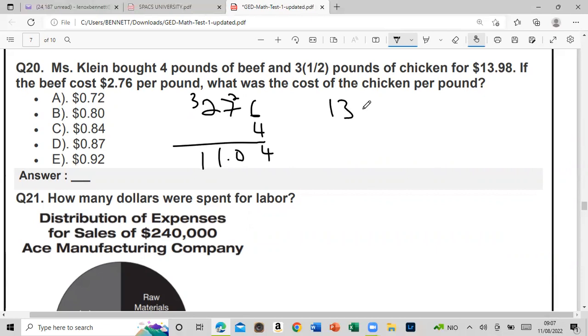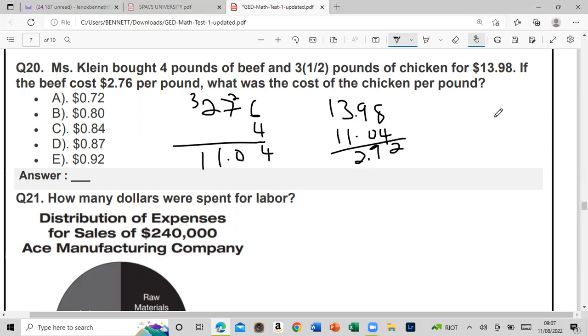So we're gonna take away $11.04 from this. So this is 2.92. So that's $2.92, and we're gonna divide this by 3.5.